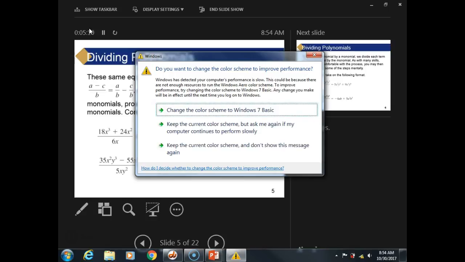Put the first term over the denominator, that would be 18x cubed over 6x plus 24x squared over 6x. Now let's simplify the first one. Numerically, 3x squared plus 4x. Perfect. Way to go. How about this one?